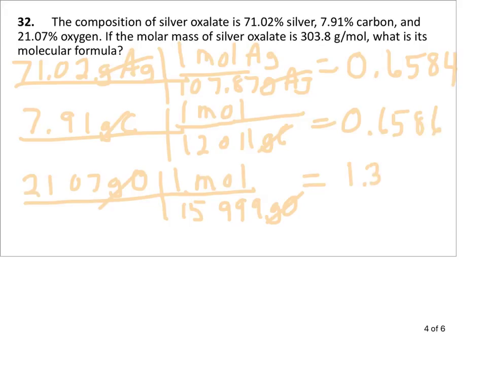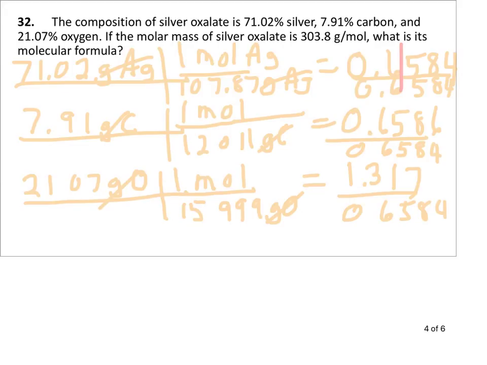And a 1.317, and we're going to go back and divide by the 0.6584, leaving us with a 1 and a 2, meaning our empirical formula then has to be, and we'd write the Ag first, AgCO2.